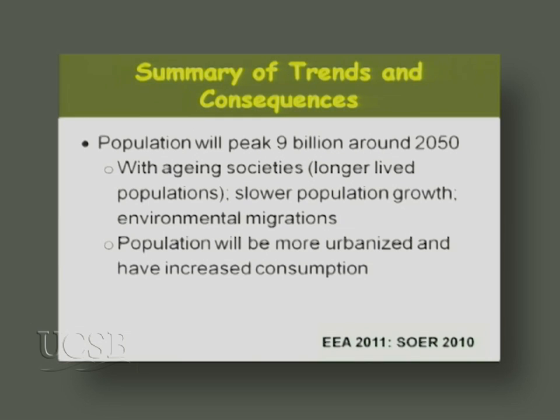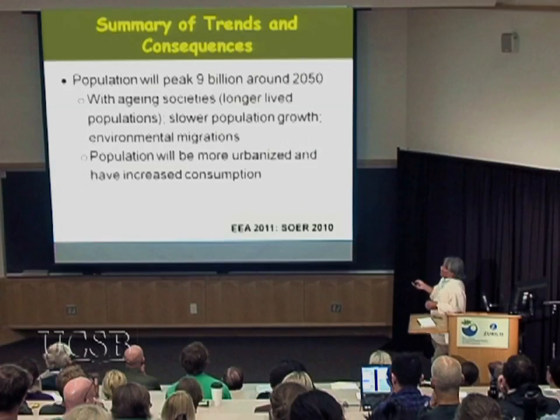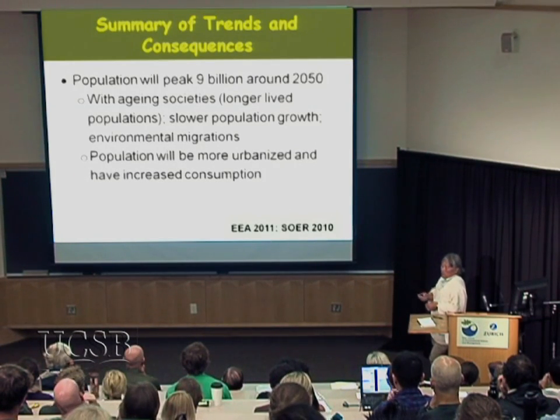The characteristics of this population is that it is aging, longer lived, with higher consumption rates associated with that, and they anticipate greater numbers of environmental migrants over the next century. And as you well know, populations are becoming more urbanized, and in the past decade we exceeded 50% of our population being urban, in built environments, and this will continue to grow.